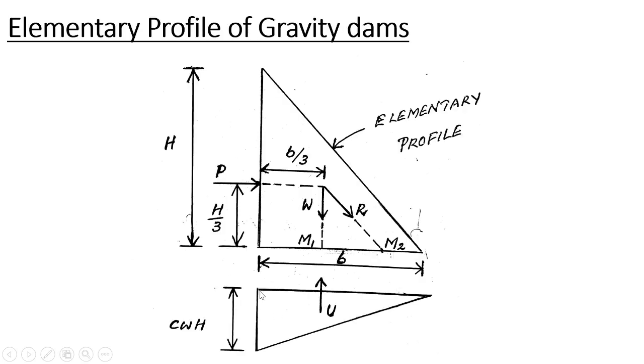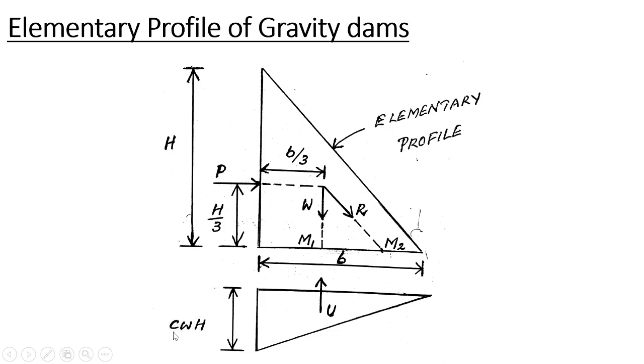See, this is the uplift pressure distribution diagram. You know that it is case 1 of uplift pressure. For case 1, there is only upstream water. There will not be tail water, there will not be a drainage gallery. So here the ordinate will be unit weight of water into capital H. Here another additional term C is involved.